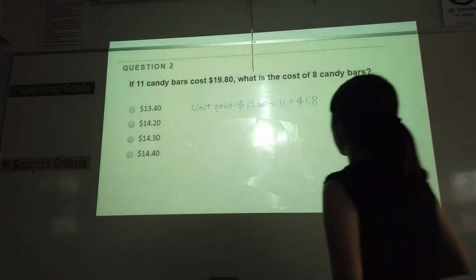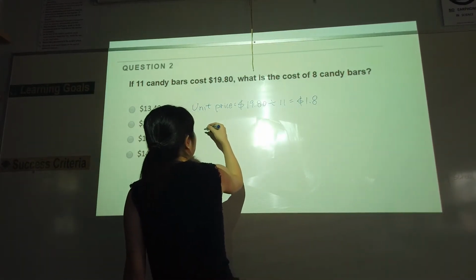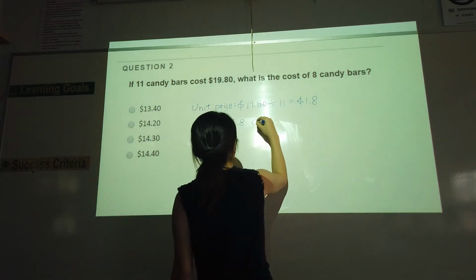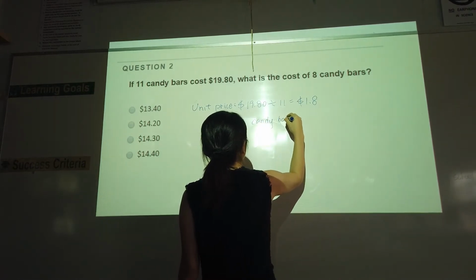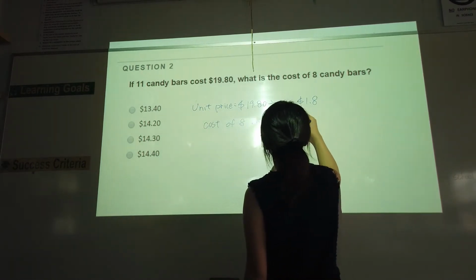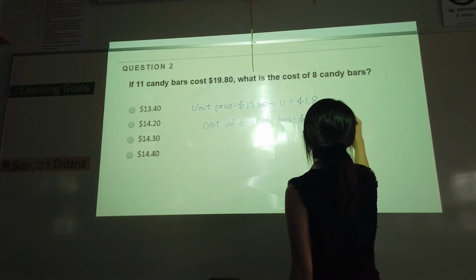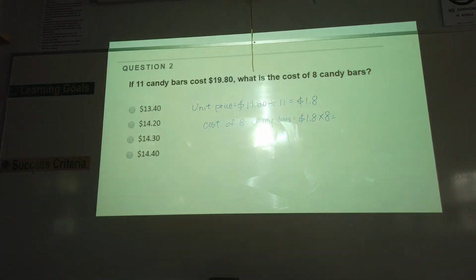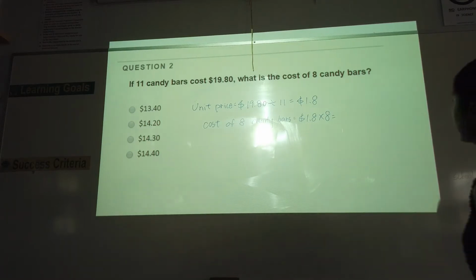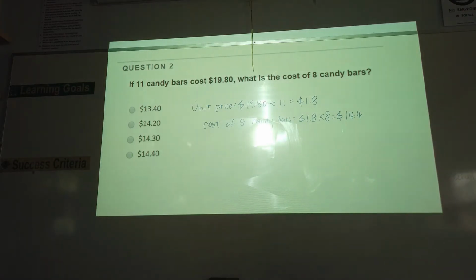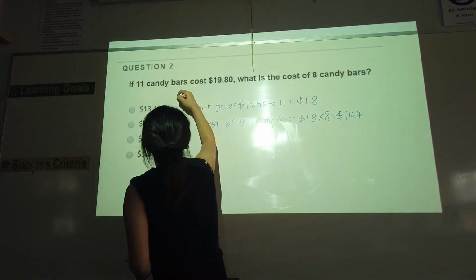And now we're going to calculate the cost for 8 candy bars, so we're multiplying the unit price by 8, which gives us $14.40. That was method 1.